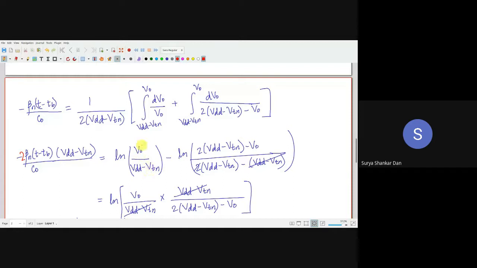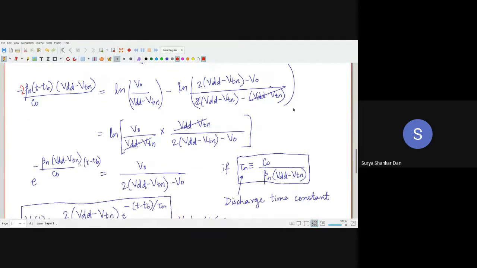Okay, and here I'll put ln VO by VDD minus VTN minus ln of this whole thing. Remember there is a minus, so I'll put the minus here. Okay, very simple integral. So ln VO by this is minus, so that will become inverted. Okay.